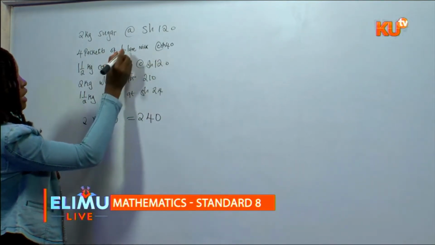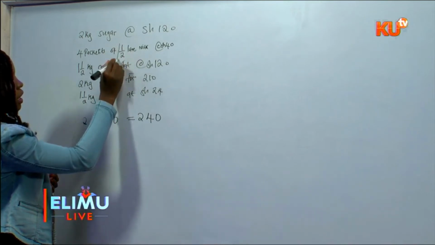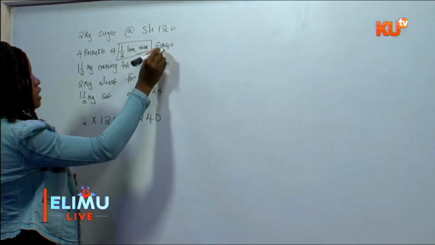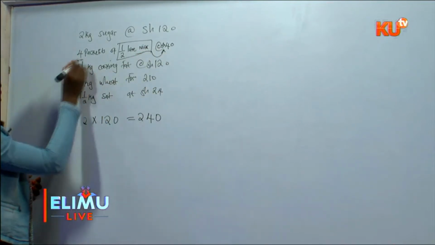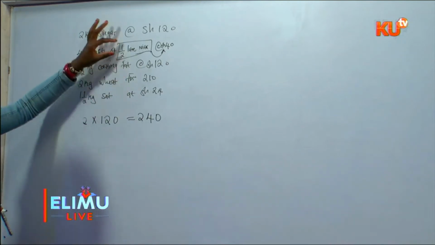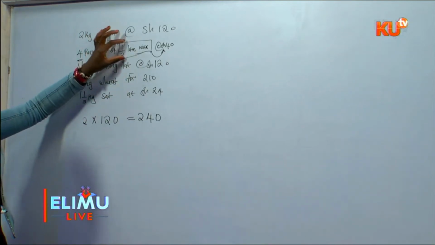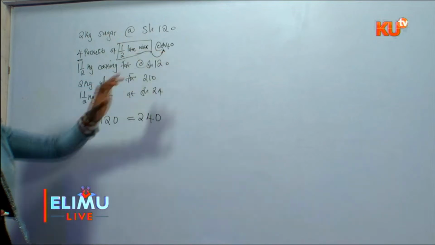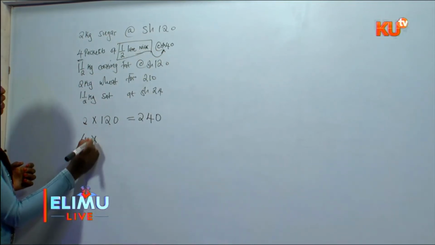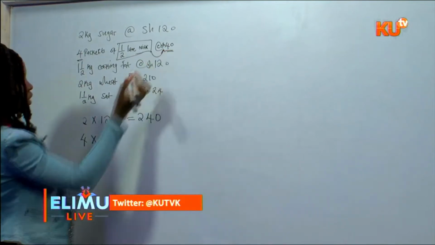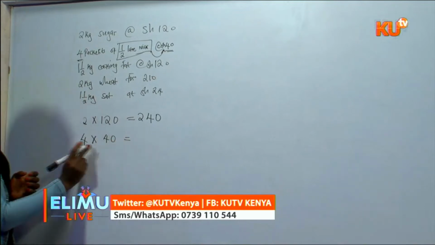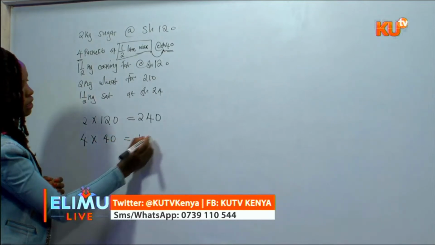So this means that 1 packet of a half liter cost 40 shillings, and she bought 4 packets. So it's going to be 4, the number of packets bought, times the cost of 1 packet, which was 40 shillings. 4 times 40, we get 160 shillings.